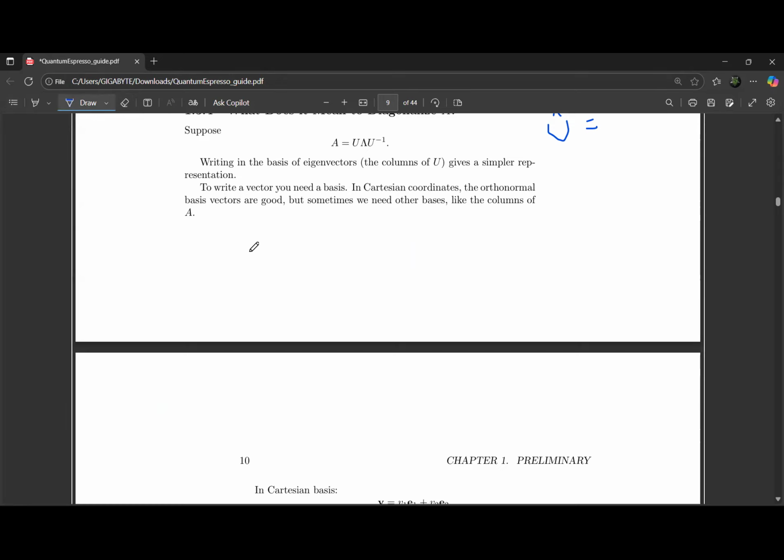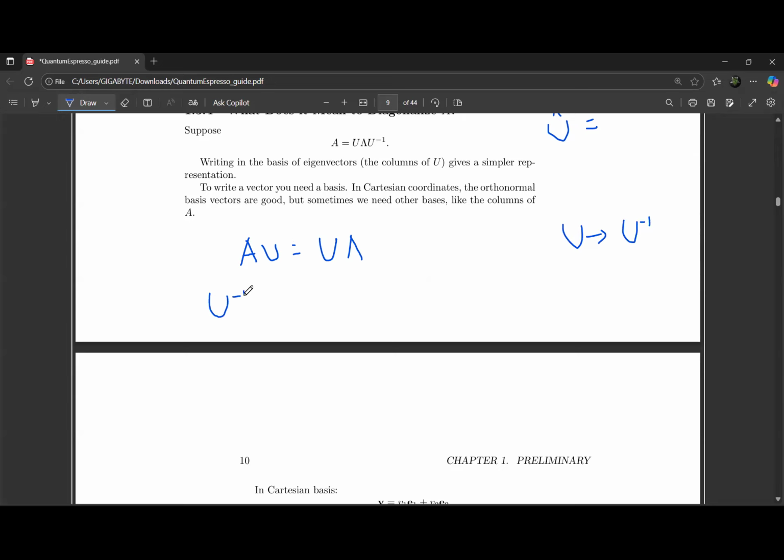Now I can put this eventually as AU sums up as U lambda. And what I can do now is multiply the inverse of U, which is U inverse, from the left.